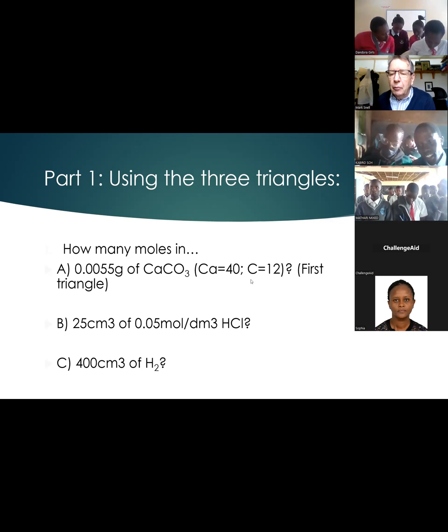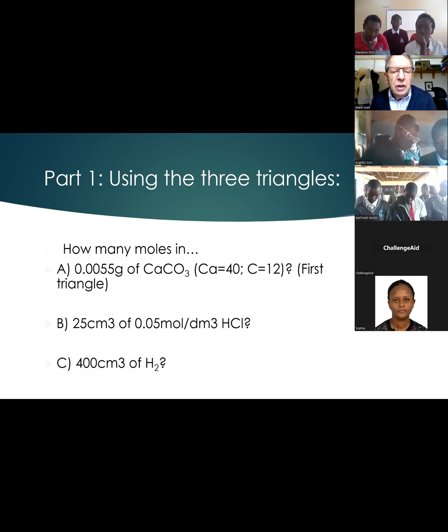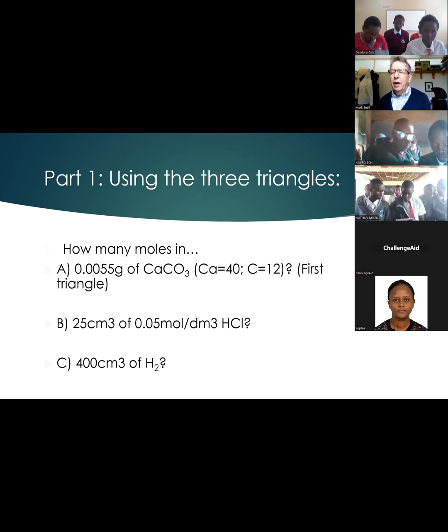So, Mathari, the first triangle says that moles equals grams over RMM. If the RMM is 100, then the moles is 0.0055 divided by 100.